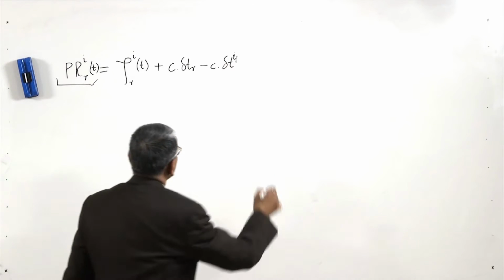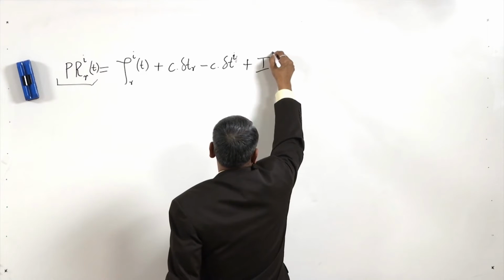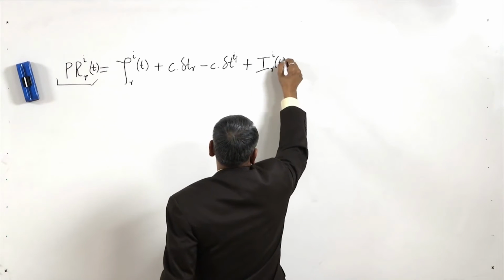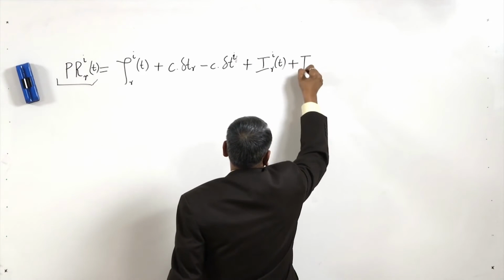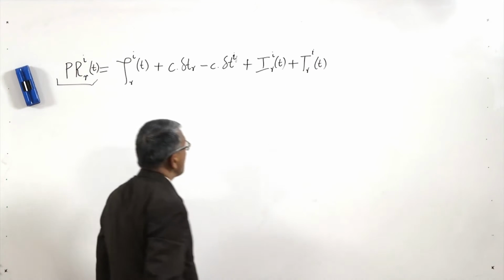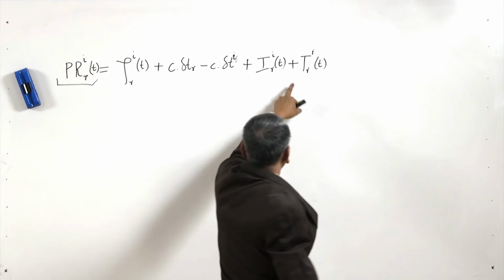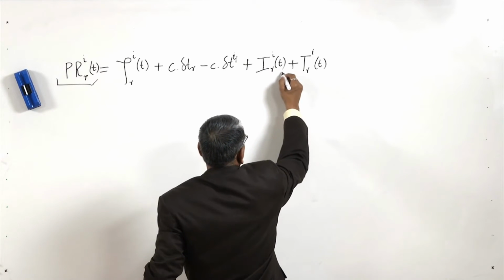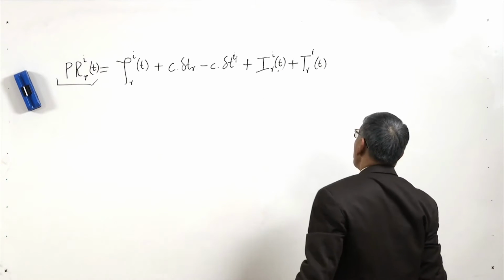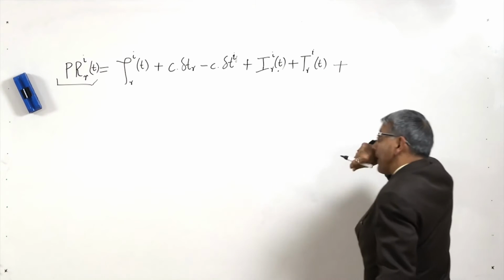then the ionospheric error, then the tropospheric error. Here you can see that the tropospheric error and ionospheric error are dependent on the epoch of observation. That means at each epoch the errors may be different.